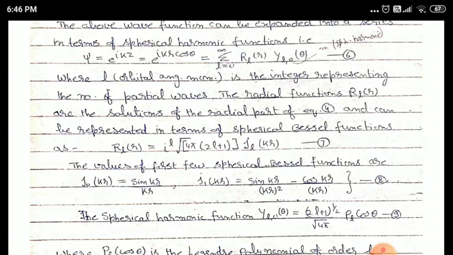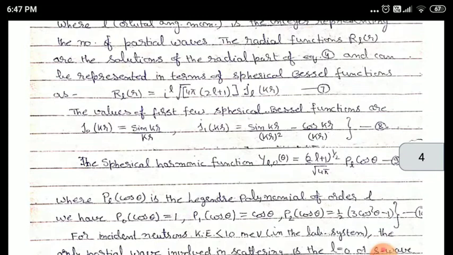Basically, the scattered wave will consist of number of partial waves corresponding to different L values, corresponding to different angular momentum values. The radial functions R_L(r) are the solutions of the radial part of equation 4 and can be represented in terms of spherical Bessel functions, as shown by equation 7.